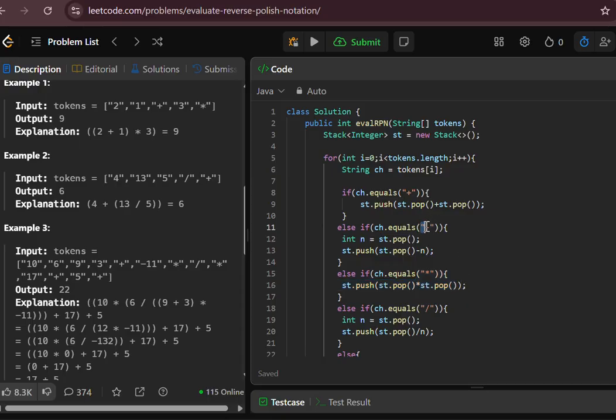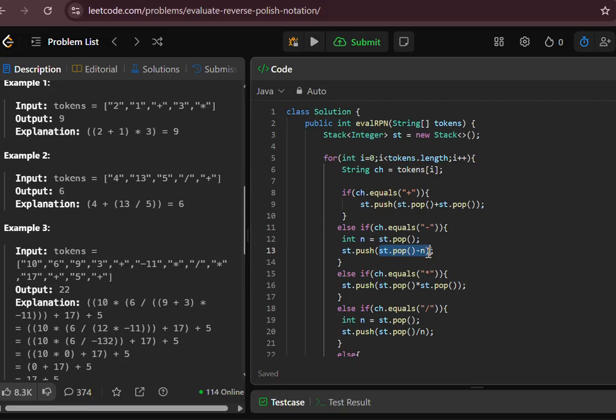But for minus, what do we do? We pop a value and store it in a different variable, then pop again and subtract the first value from the previous value, because order matters: a minus b doesn't equal b minus a.